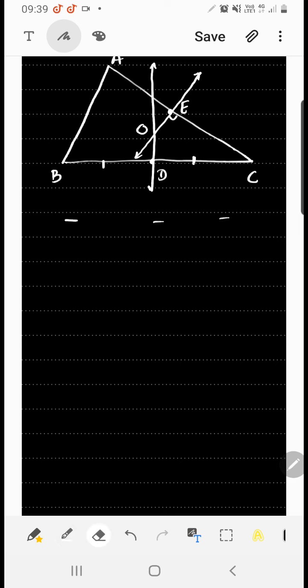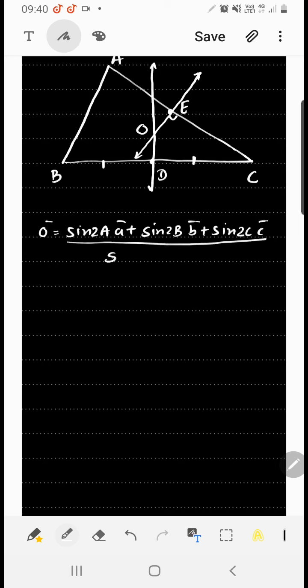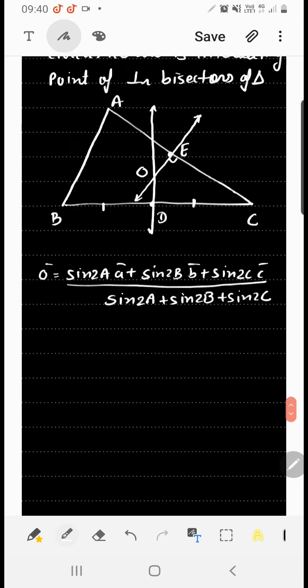Okay, let me rewrite it here. We have O bar is equal to sine 2a a bar plus sine 2b b bar plus sine 2c c bar. As I said, it is not so important, so I am not going into detail of this. Okay, so sine 2a, sine 2b, sine 2c. Fine. So this is about circumcenter.